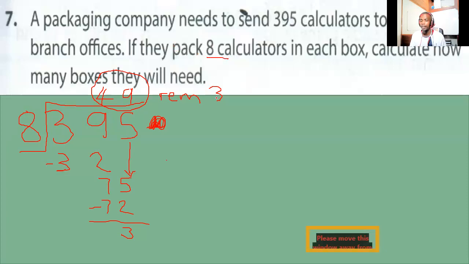That's good. They will need 49 boxes. But if they want the 3 to go too, the 3 can have their own box, and they are going to be 50 boxes. Okay, but full boxes will be 49.